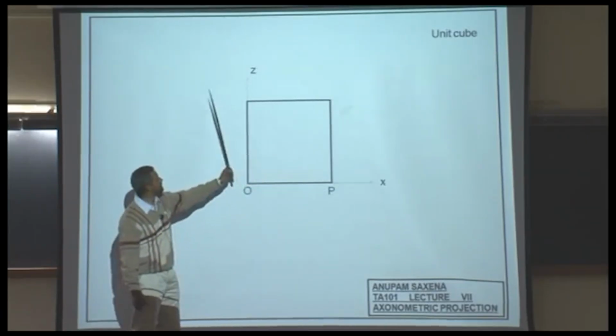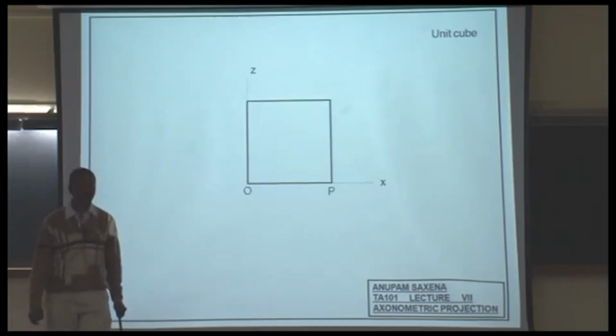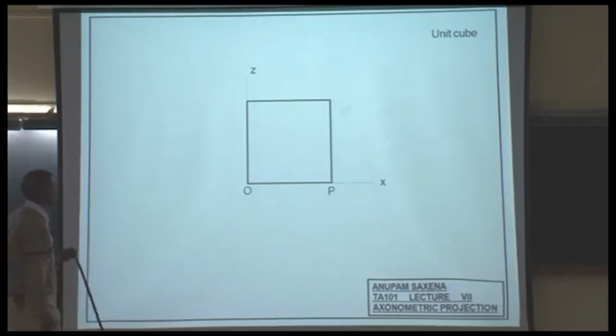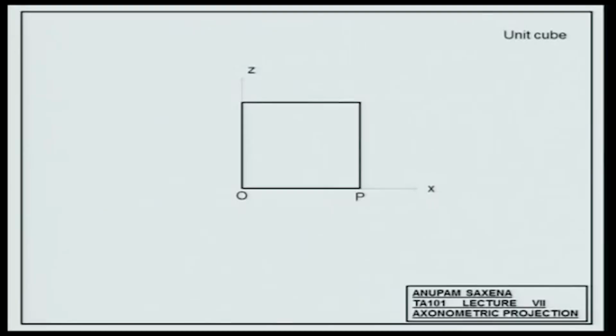This is the X, this is the Z, where is Y? Outside or inside? Inside. Right hand rule. Let's practice. Let's orient this cube in such a way that you are able to see the 3 planes. Right now you are seeing just the 1 plane. Let's first rotate this cube about the Z axis by an angle alpha.